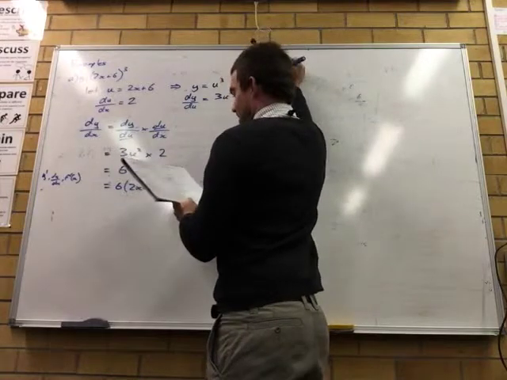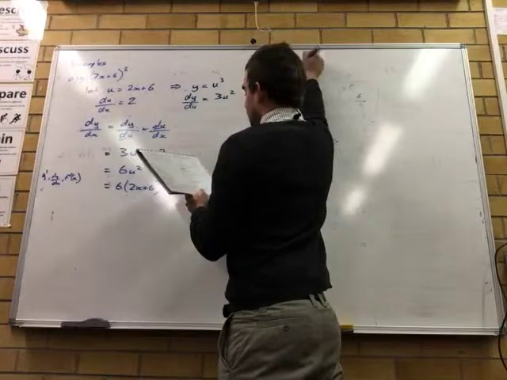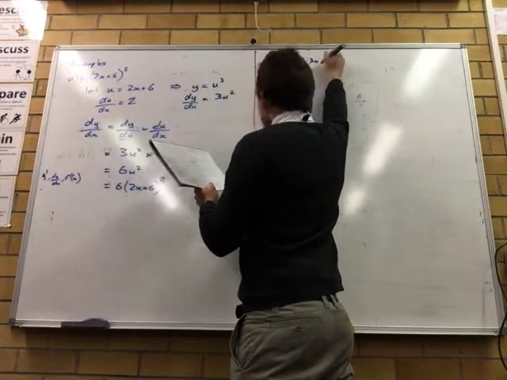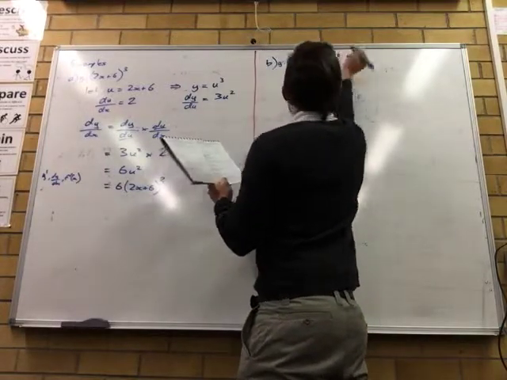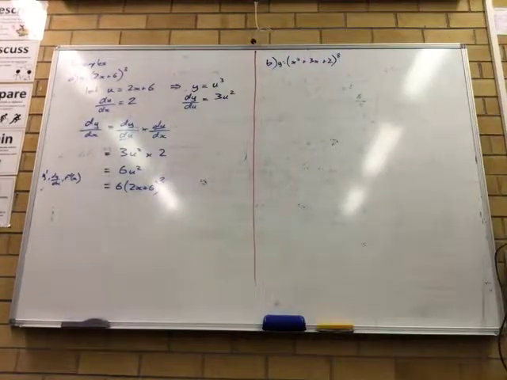Alright, B. We now have y equals x squared plus 3x plus 2, all to the power of 8. Maguila, you will be learning a quicker way to expand that in your HSC course for Extension 1, instead of trying to do it bit by bit, but we'll worry about that when we get up to it.